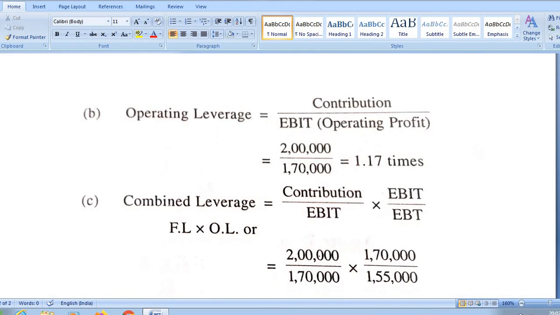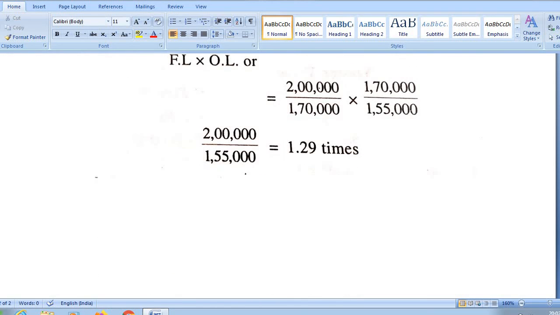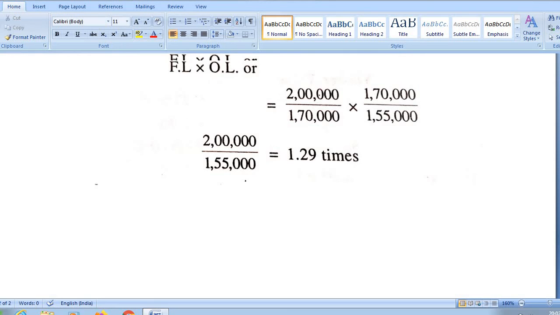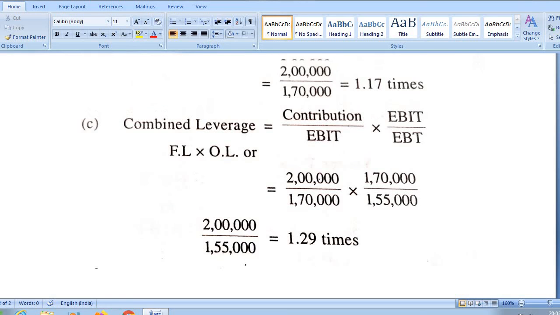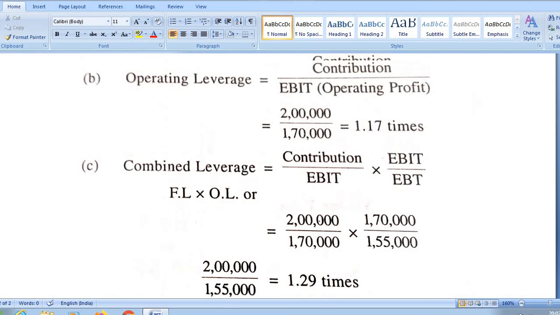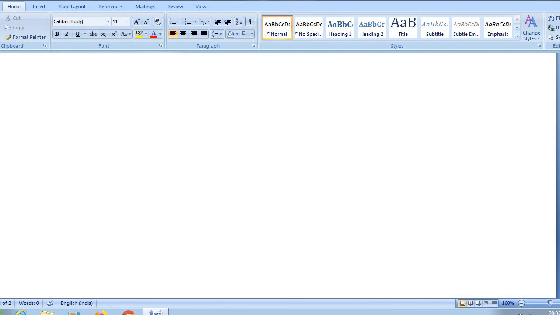Operating leverage, as we calculated, is 1.17 times, whereas financial leverage is 1.09 times. It is 1.09 into 1.17.